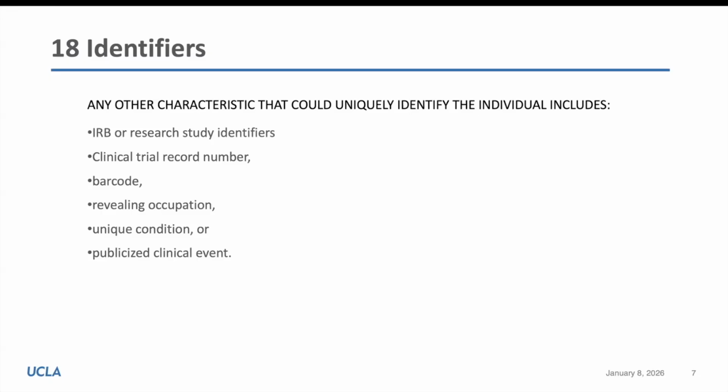So if you have any of those additional identifiers, UCLA Health considers those to be part of the 18 identifiers that you need to remove in order to de-identify PHI.